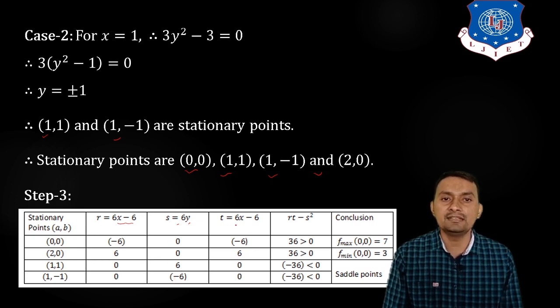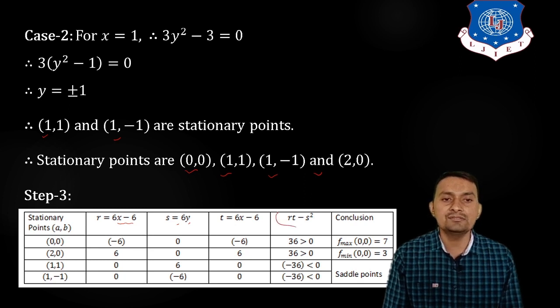But what about t? t is nothing but 6x minus 6. When x is equal to 0, I will get minus 6. When x is equal to 2, that is 12 minus 6, so I am just going to get 6. And at the points with x equal to 1, t is equal to 0.